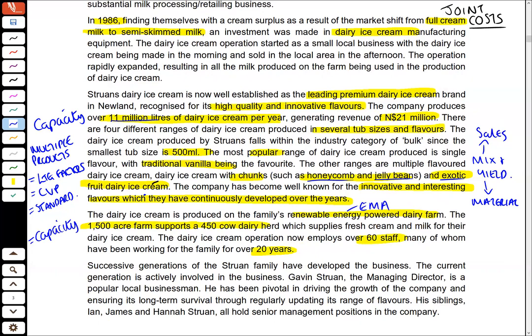Okay, we've got a 450 cow dairy herd. So if we started to break it down, you could try and understand how many litres one cow would produce in a year and how much then in a day, if you wanted to get that context on things. Also, we've got over 60 staff. And again, these have been around for a long time. Okay, so the company's obviously got that strong staff loyalty going on.